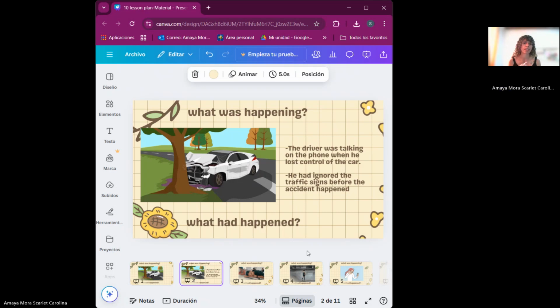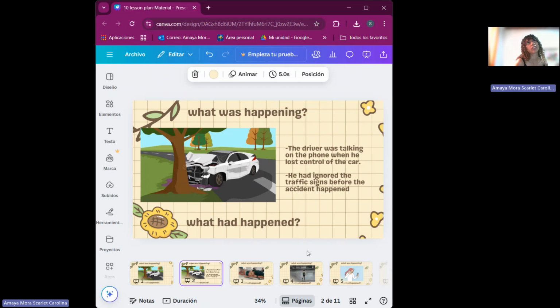I have this example that you can read. What was happening? The driver was talking on the phone when he lost control of the car. What had happened? He had ignored the traffic signs before the accident happened.